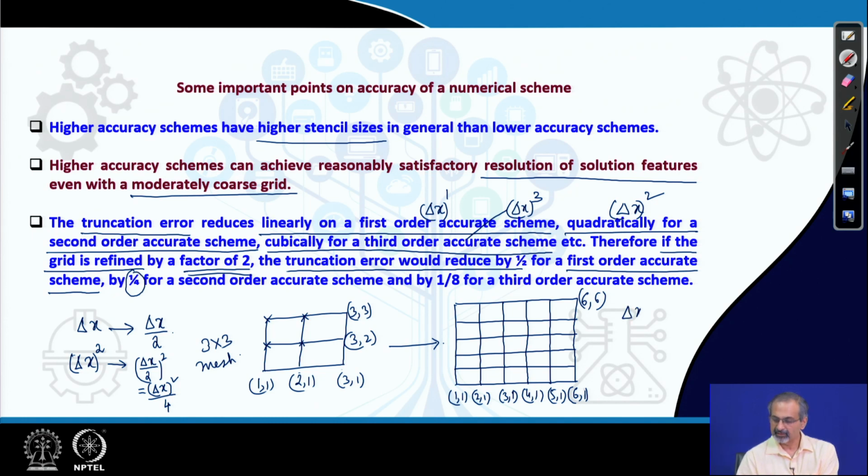If it is a third order accurate scheme, then delta x cube on the coarser grid has now become delta x by 2 cube on the finer grid, and that is basically delta x cube by 8, and that is why it is reducing by a factor of 1/8. So, on a higher accuracy scheme, if you refine the mesh, the errors will reduce dramatically.